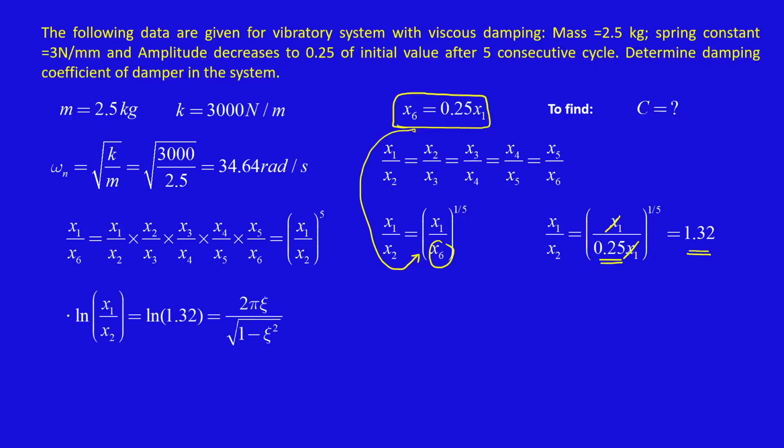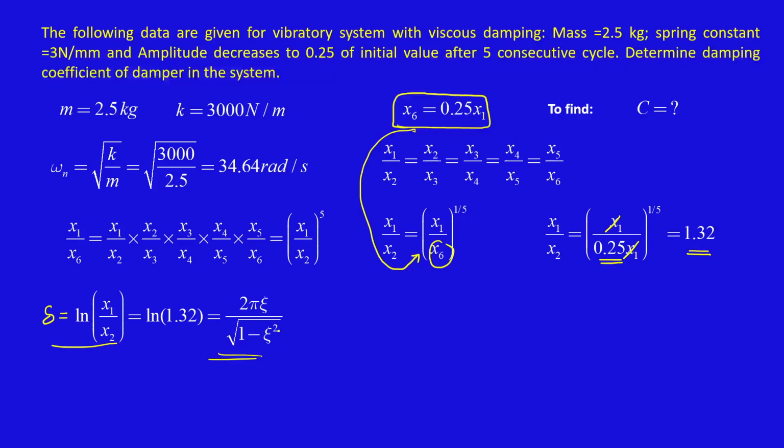So there is a formula, the logarithmic decrement. Delta equals ln of x1 by x2, the ratio of consecutive cycles. So ln 1.32, the natural logarithm of 1.32, is equal to, by the formula for logarithmic decrement, 2 pi eta divided by square root of 1 minus eta squared.